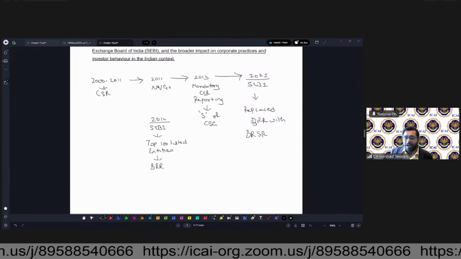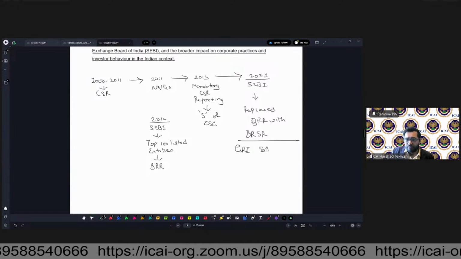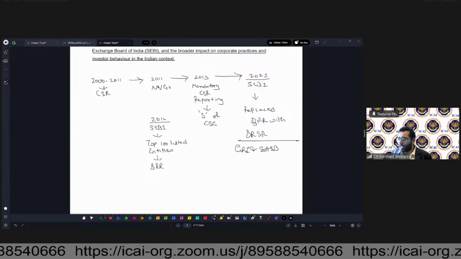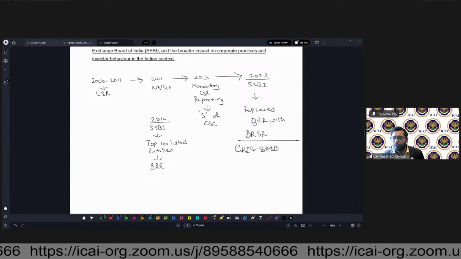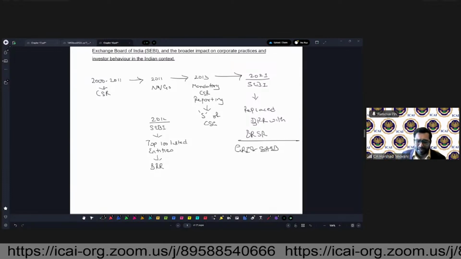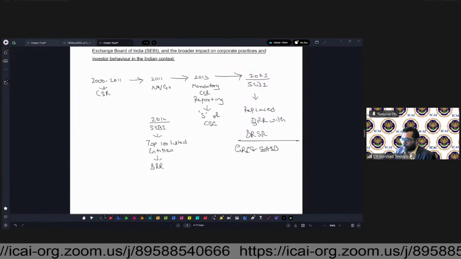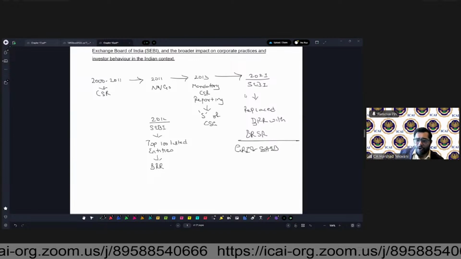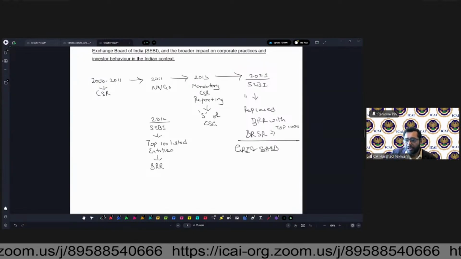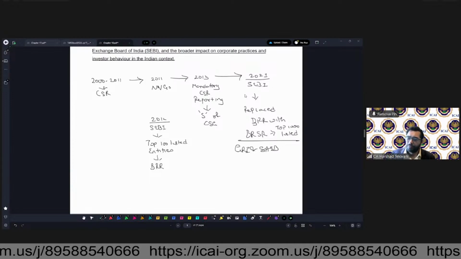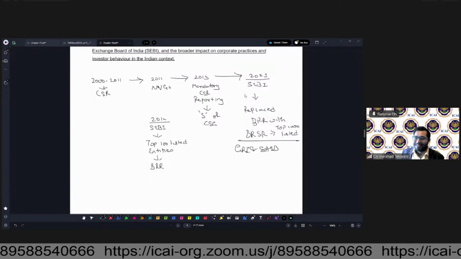They were aligned with global frameworks like GRI and SASB. What is GRI? That's the Global Reporting Initiative, and SASB is the Sustainability Accounting Standards Board framework, basically. They are the sustainability reporting frameworks, and this was made mandatory for the top 1,000 listed entities on a comply or explain basis.